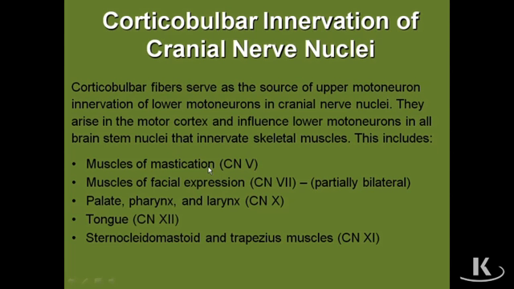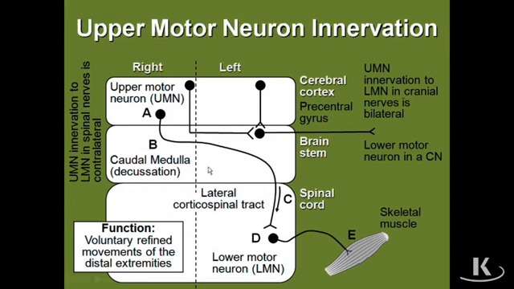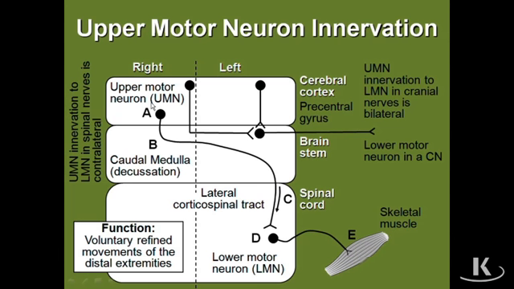But here's the interesting feature about how corticobulbar innervation differs from corticospinal innervation. And this is illustrated on the next slide. Note here, as we talked about at spinal cord anatomy, that lower motor neurons in spinal nerves are almost exclusively getting a contralateral upper motor neuron innervation, contralateral corticospinal innervation, as illustrated on this picture.